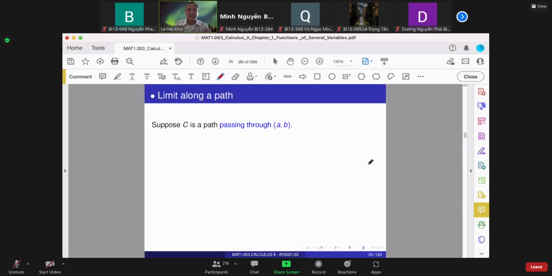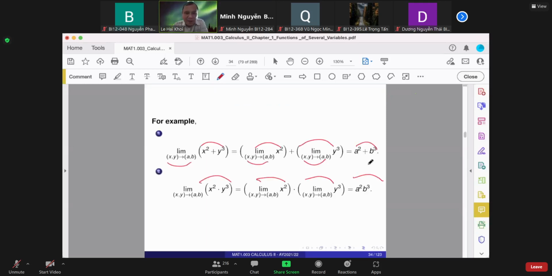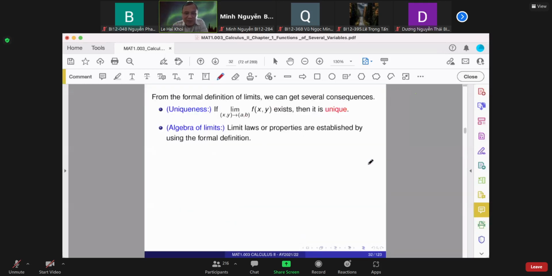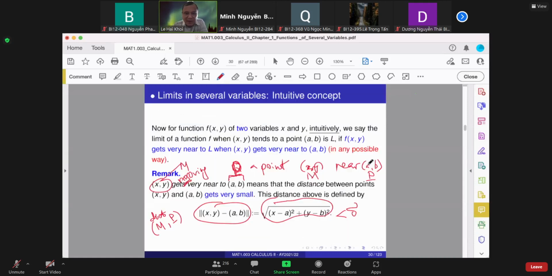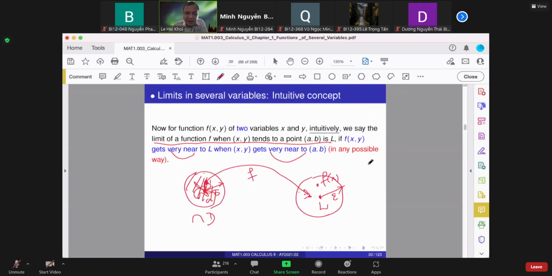Before talking about the next limit, I want to remind you of the following, which I already mentioned. x, y gets very near to a, b in any possible way.